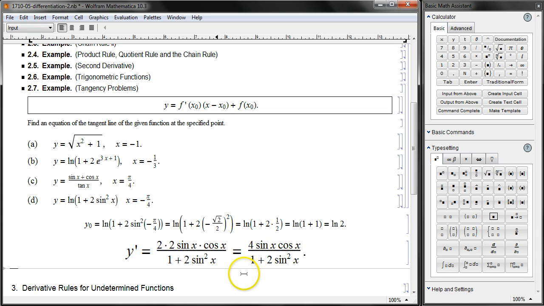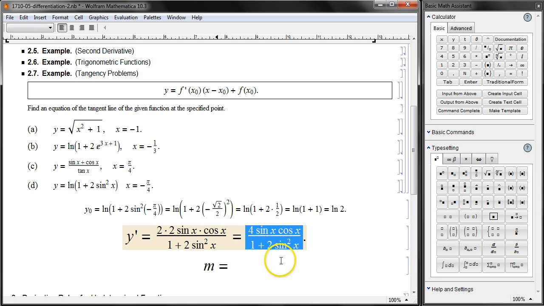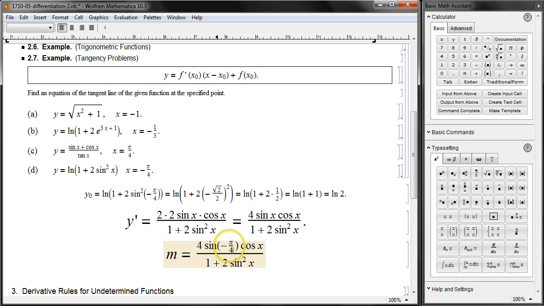Next, slope computation. I need a little bit bigger font again. Okay, this is a computation I just did. So let's plug in x equal to negative pi over 4. And then let's do this again.